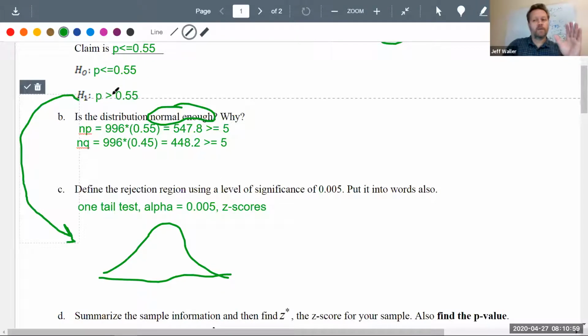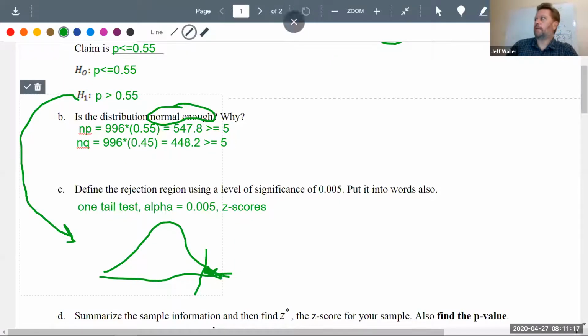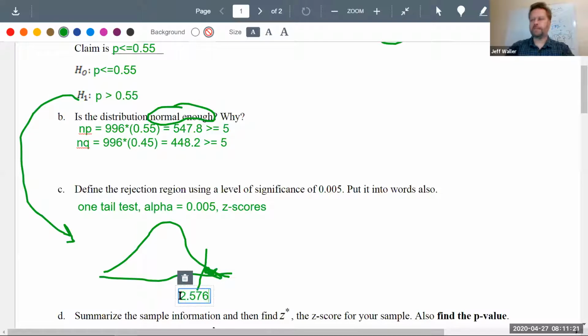So, of course, the whole idea of this problem is that we're trying to find evidence for H1. H1 thinks greater, so it's got to show up here. And then we figured out that this is 2.576. It's positive because it's up there.